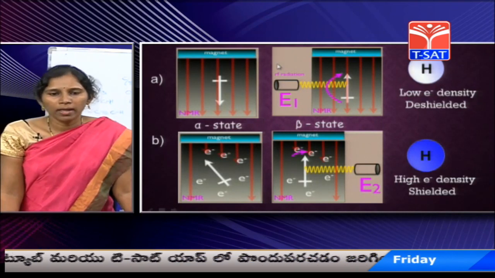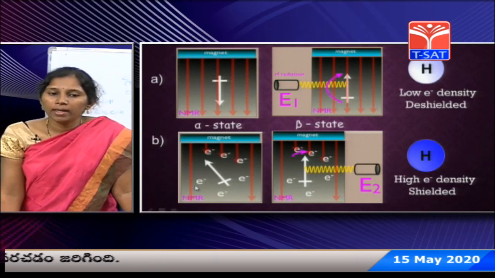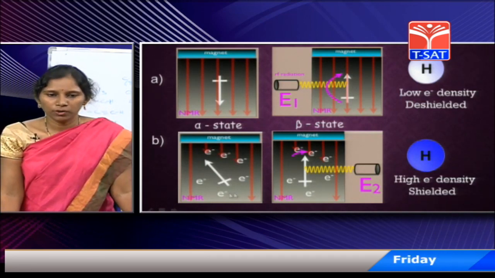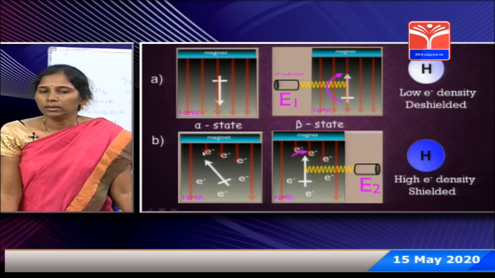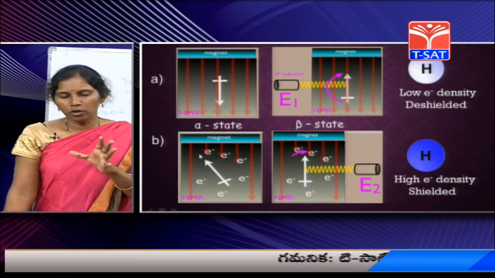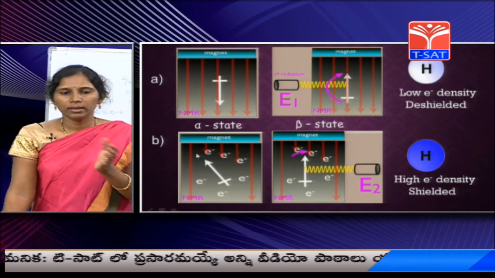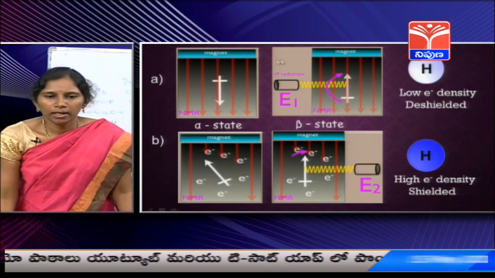Okay, up to this very nice, but electrons are also there around the nucleus, right? If the magnetic field exerted by these electrons is opposite to the external magnetic field, the spin of the nuclei is not completely reinforced with the field, there exists some opposite direction, right? Let me tell you in detail.